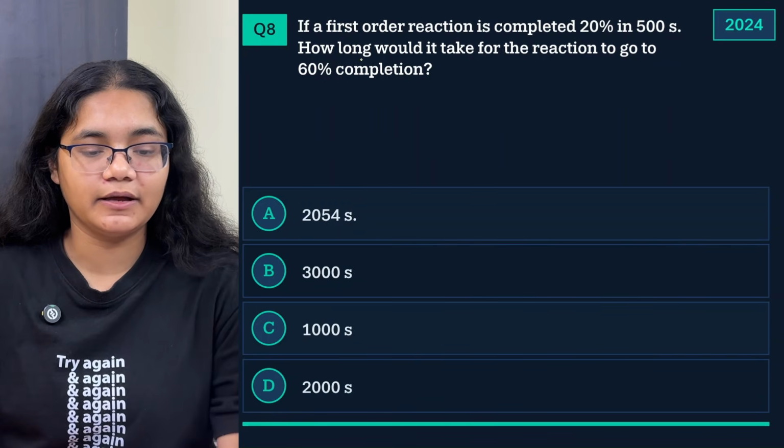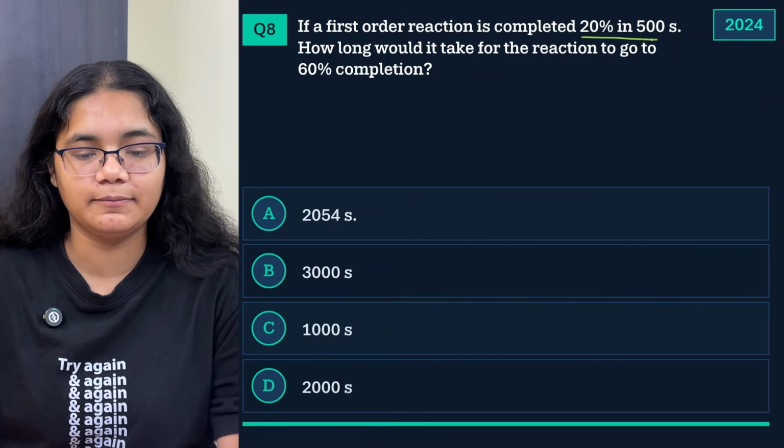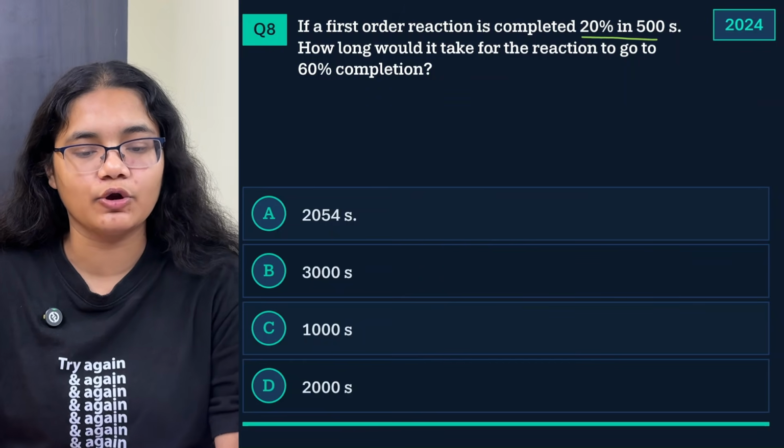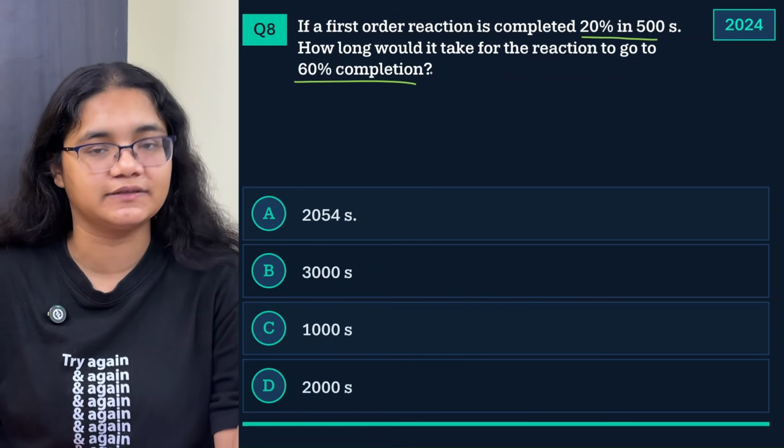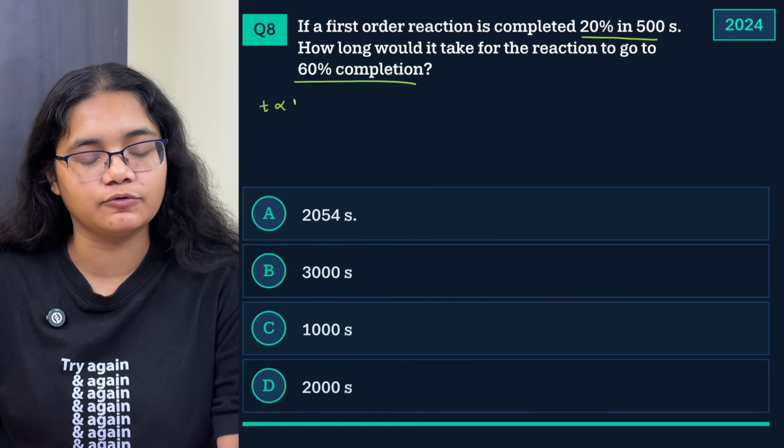Now let's see question number 8. In a first order reaction, it is 20% completed in 500 seconds. How long would it take for the reaction to go to 60% completion? Now remember, time is proportional to log of the remaining amount.